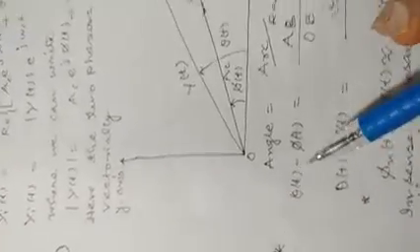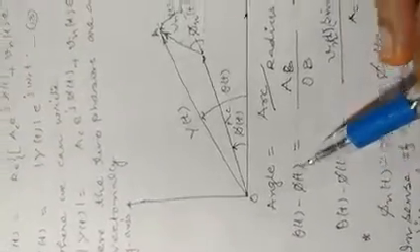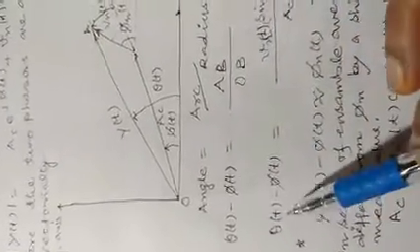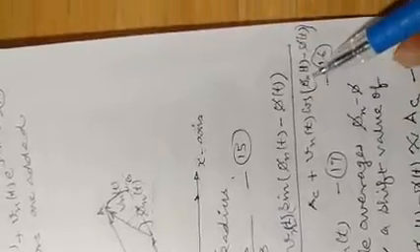So theta of t minus phi of t is equal to AB, which is the arc, divided by OB, the radius. We use the formula that angle is equal to arc per radius. Using this formula, theta of t minus phi of t is equal to V_n of t sin(phi_n of t minus phi of t) divided by A_C plus V_n of t cos(phi_n of t minus phi of t).